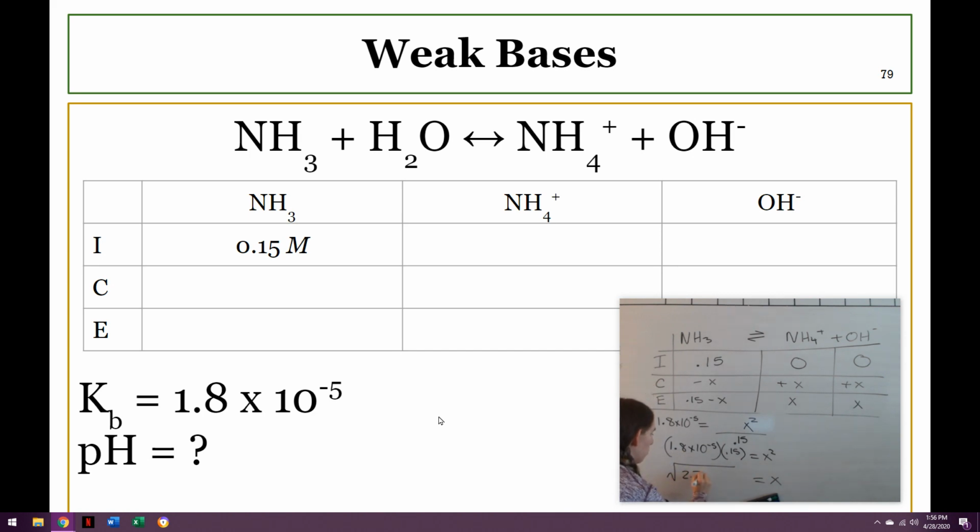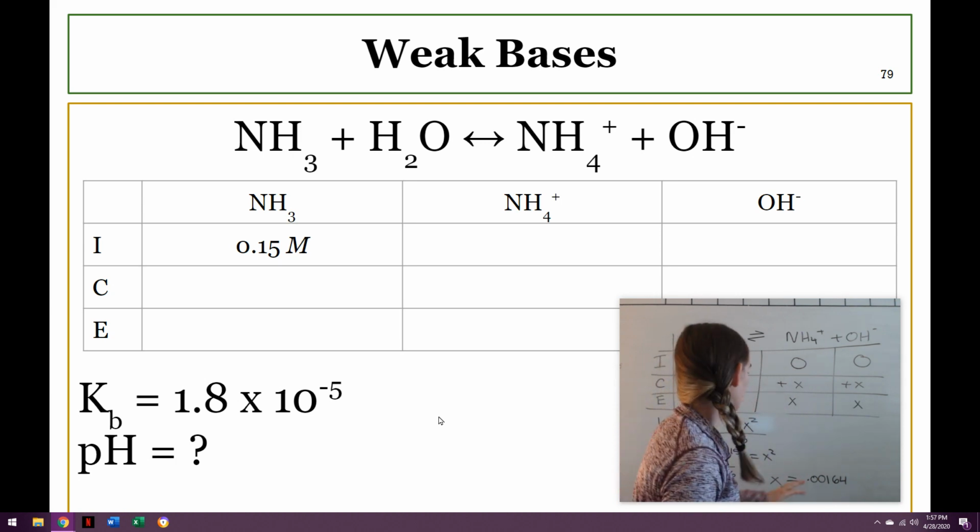So in here we have 2.7 times 10 to the -6. Then take the square root of that, and x is then equal to 0.00164. But x is equal to hydroxide.